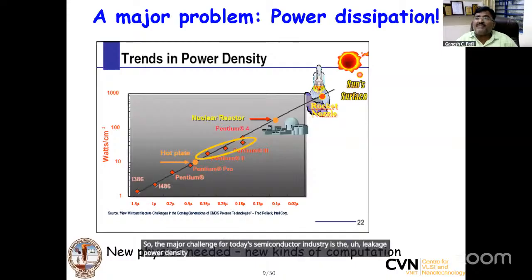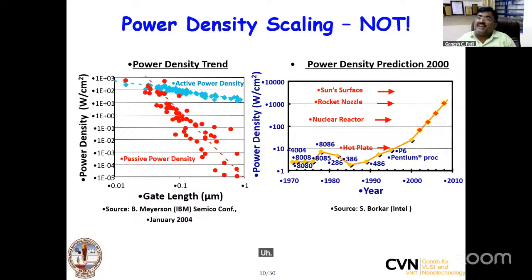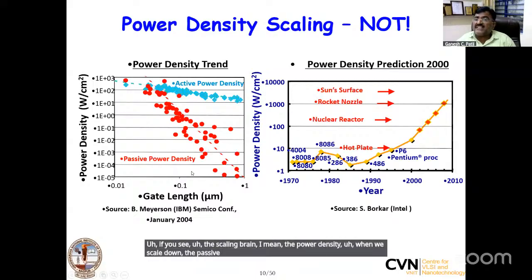So we'll have to come up with new materials, new devices, new architectures, so that the leakage problem could be solved. If you see the scaling trend, the passive power density is increasing as we scale down the channel length, right? When we were around 0.1 micrometer, the power dissipation was like this, but when we scale down to 0.01 micrometer, the power density is increasing.